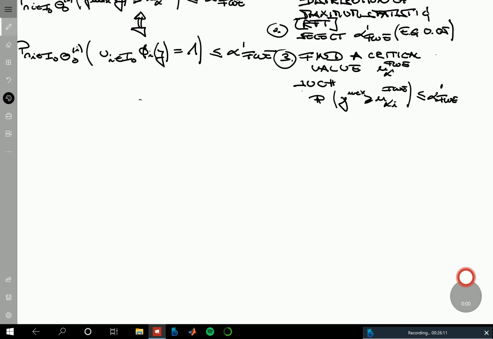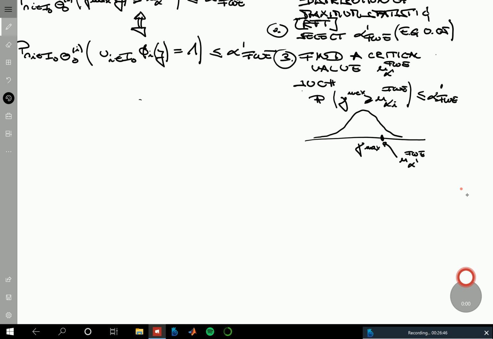So what that means, if you think quite straightforwardly, if this, for example, would be our maximum distribution, usually it doesn't look quite like this, but just for example, then we want to find some u here, so this would be our u alpha prime FWE, such that the probability for the maximum statistic to be larger than this is smaller or equal to our alpha prime.